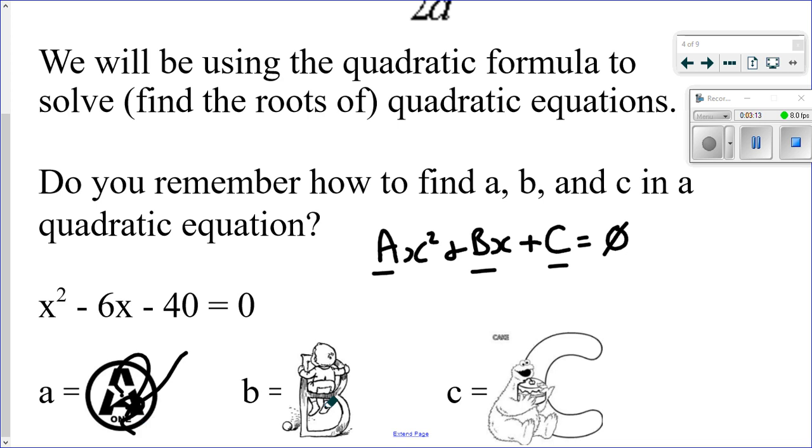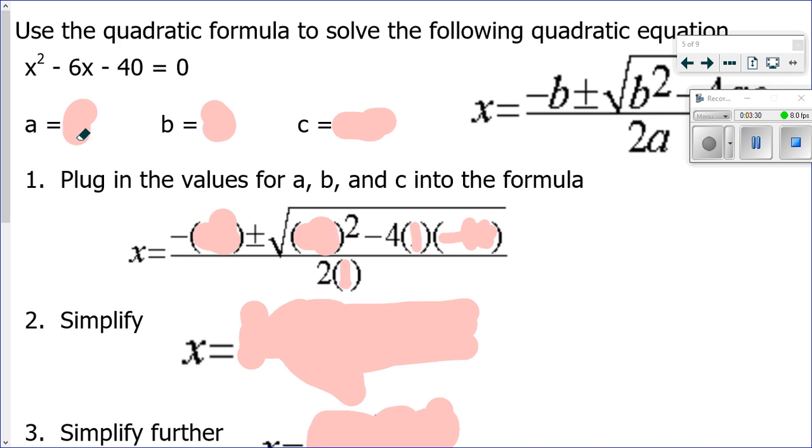These are supposed to disappear. Fine. a is 1, b is negative 6, and c, for cookie, is negative 40. Oh, that's going to make the rest of my presentation difficult. And, hey, I can do it that way.